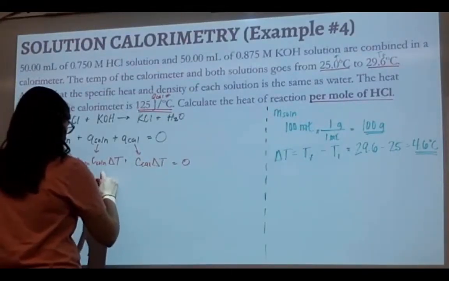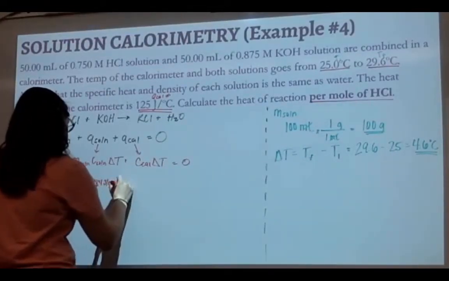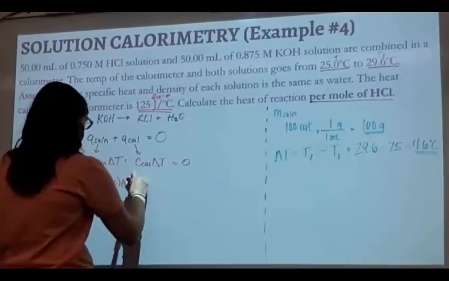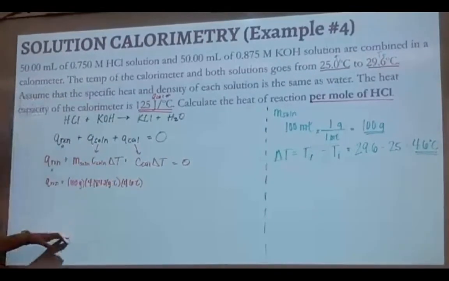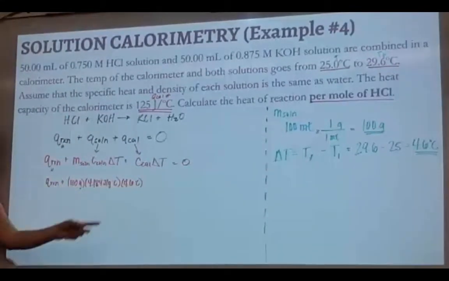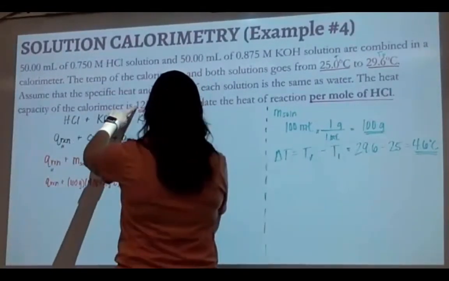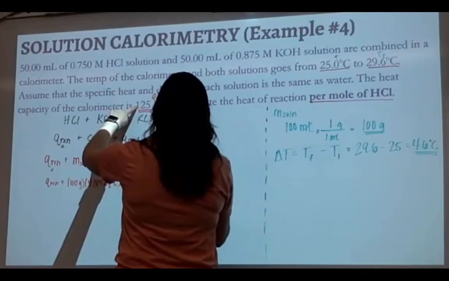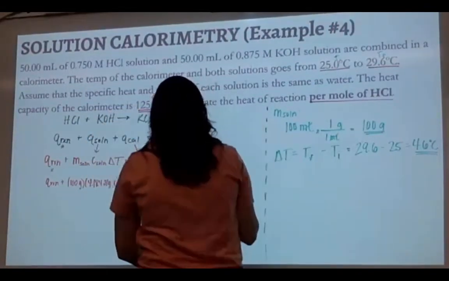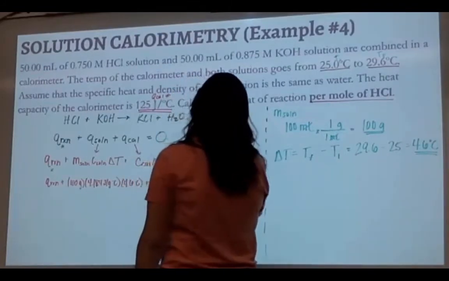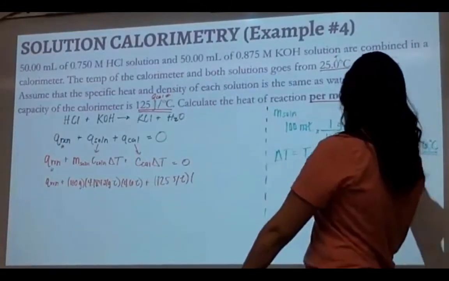So 4.184 joules per gram degree Celsius. Delta T, 4.6 degrees Celsius. So that's MC delta T. And then C cal delta T, 125 joules per degree Celsius times delta T.